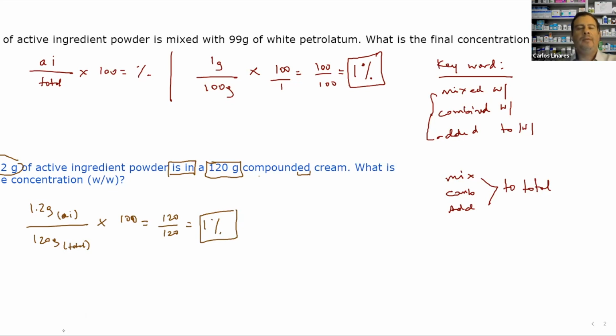Okay, so we got to keep in mind these types of keywords: mixed with, is in. Let's look at another one.